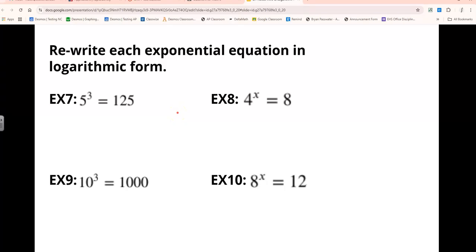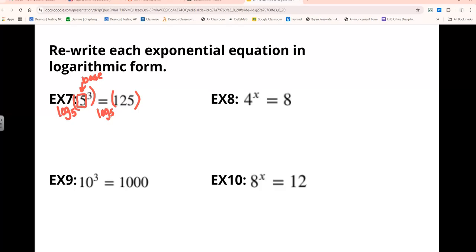So whatever number is being raised to the power, that is your base. If you want to get rid of the base to make it a logarithm, you have to do a log with that same base, so log base 5 of this stuff. Which means over here, you're also doing log base 5 of whatever's on this side.